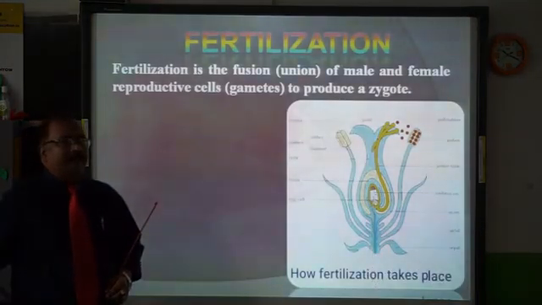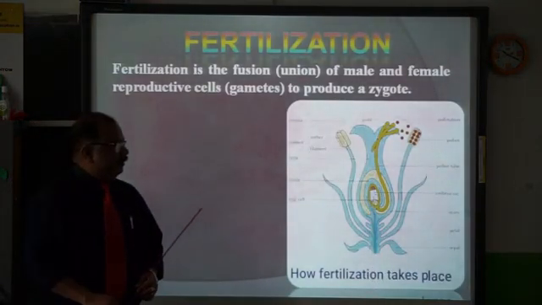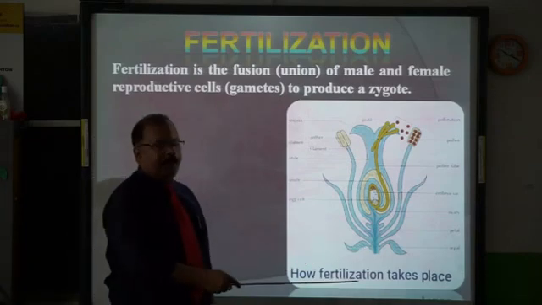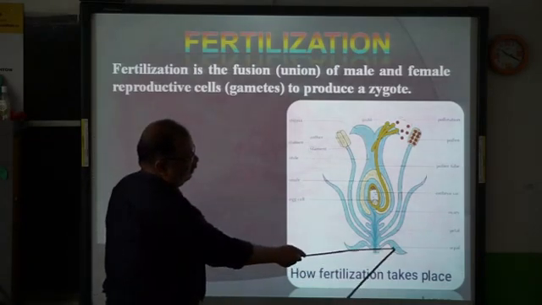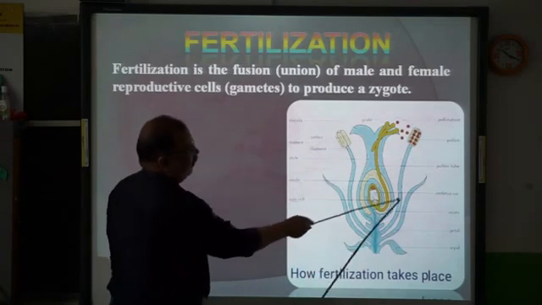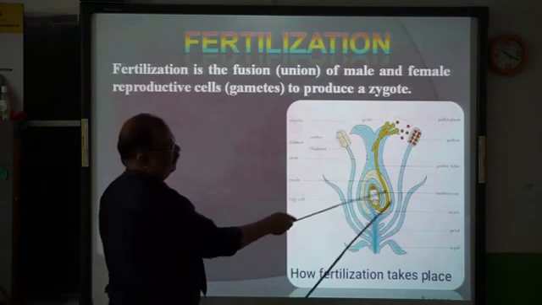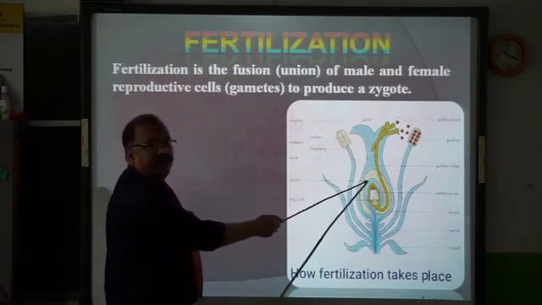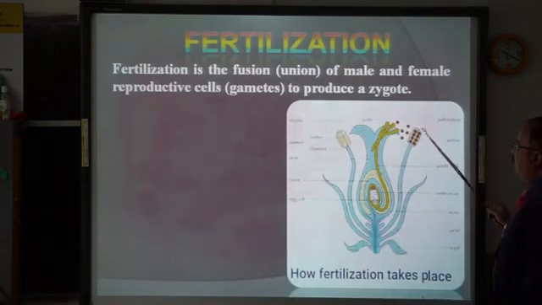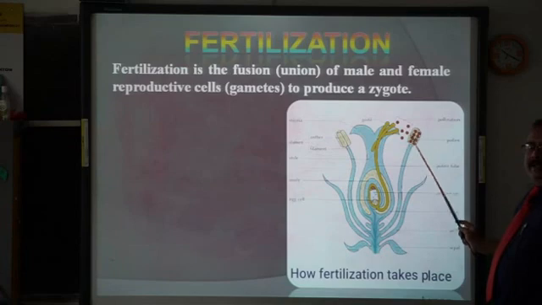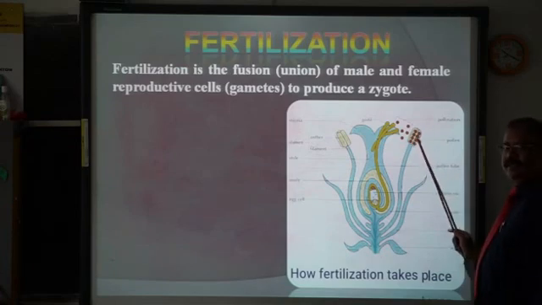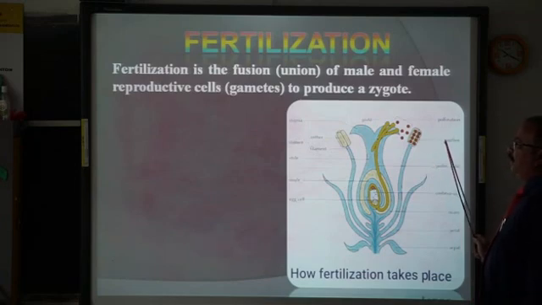Now look at this diagram. This is the same diagram of a plant. You have already studied in the beginning the sepal, outermost whorl, then the petals. And here we have got the androecium, and this is gynoecium, the male reproductive part and the female reproductive part. Now look here, this is the anther. Inside this you can see the red spots, red dots. So these are the pollen grains.